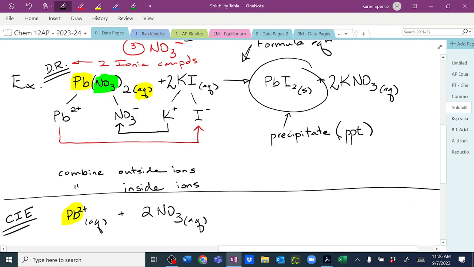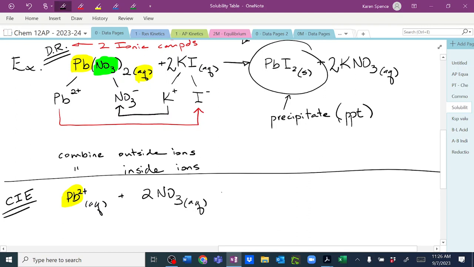So I have Pb2+, I have 2 NO3. How many Ks do I have? 2. So you're going to write 2K plus. And how many I's? 2 I minus.